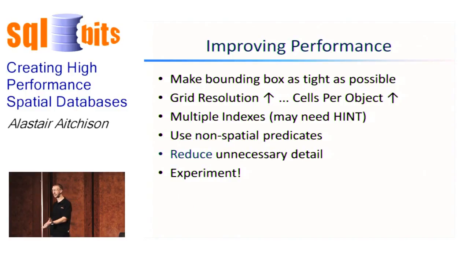You can have multiple indexes, and those can be at different resolutions. The example I like for this is, suppose you've got a table of data that contains details of customers in Britain and in the US. If you were to try to create a single index to index all of that data, you'd draw a level 1 grid from the west coast of America over to the east coast of Britain.